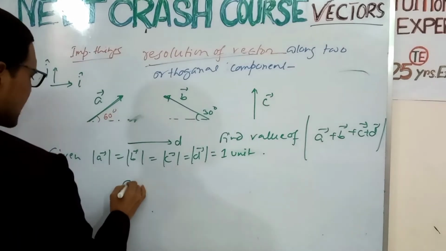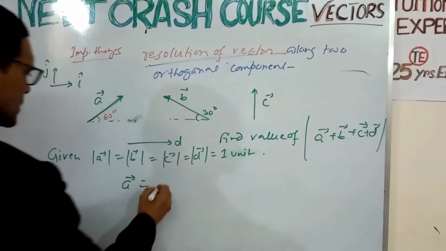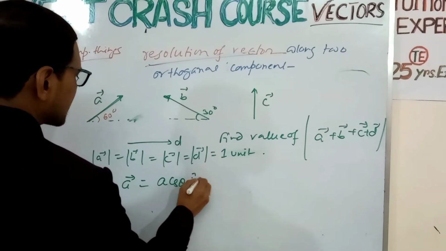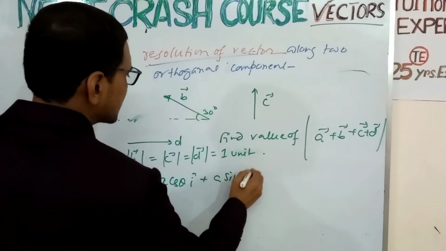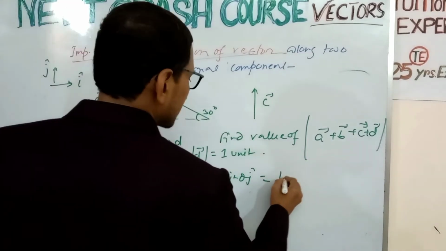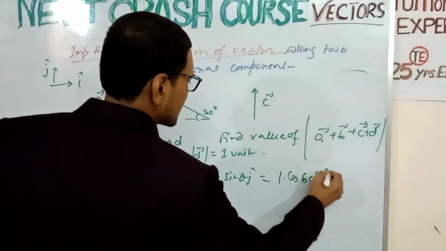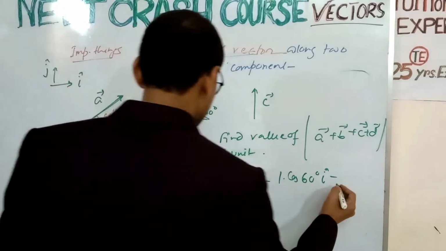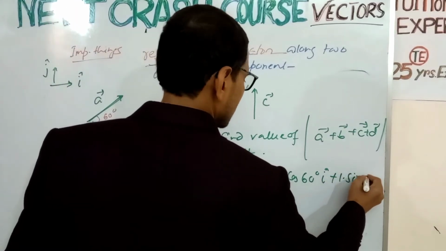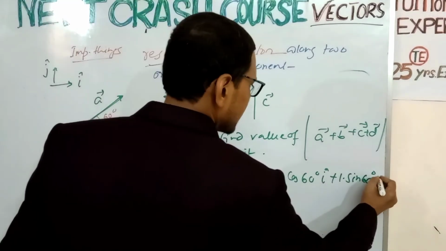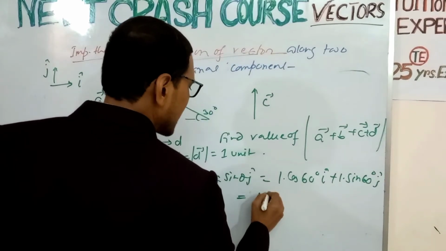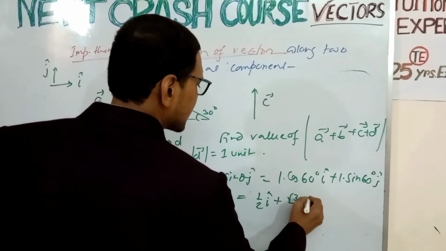Then vector A equals A cos theta I plus A sin theta J. So A is 1 cos 60 degrees I plus 1 sin 60 degrees J, which is half I plus root 3 by 2 J.